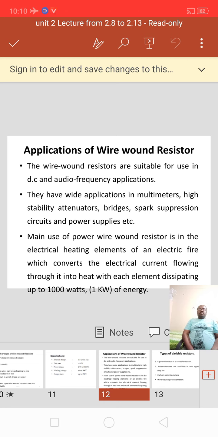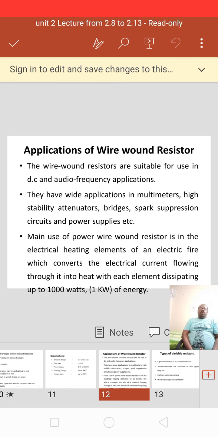These are the primary applications of wire wound resistors. First, they are suitable for use in DC and audio frequency applications.